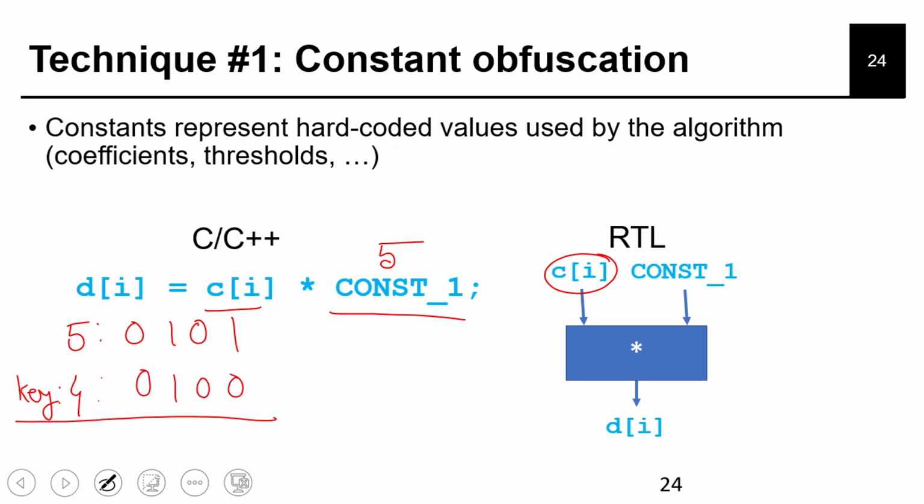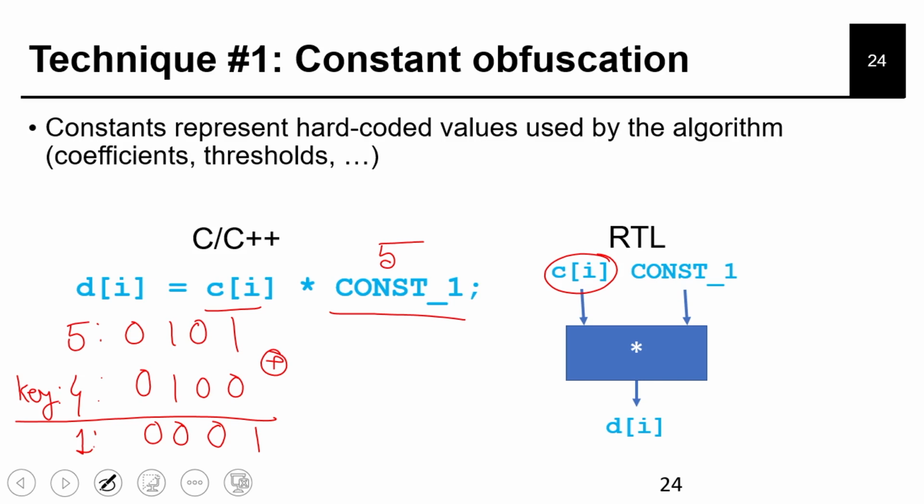If you do an XOR of this, what will be the result? It is 1 0 0 0, right. In XOR, if they are the same, then it is 0. So, this value is 1.